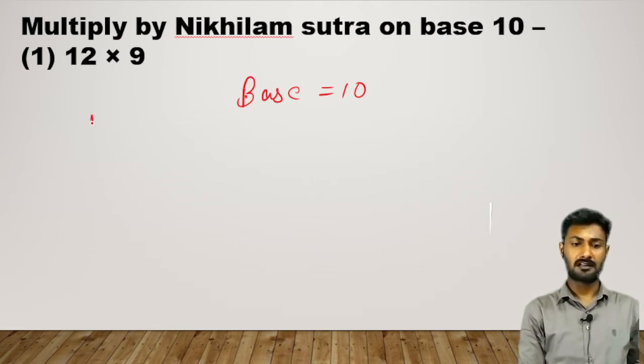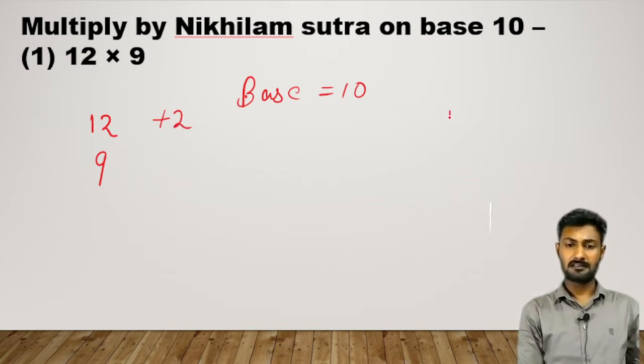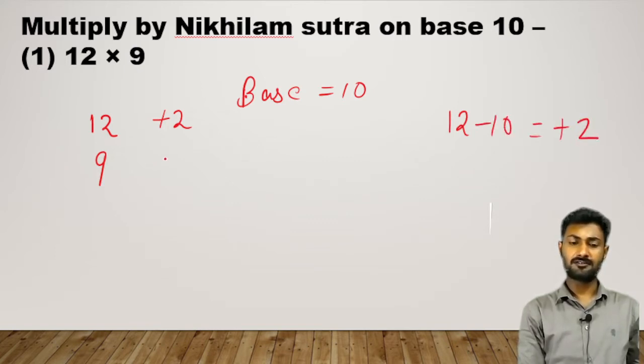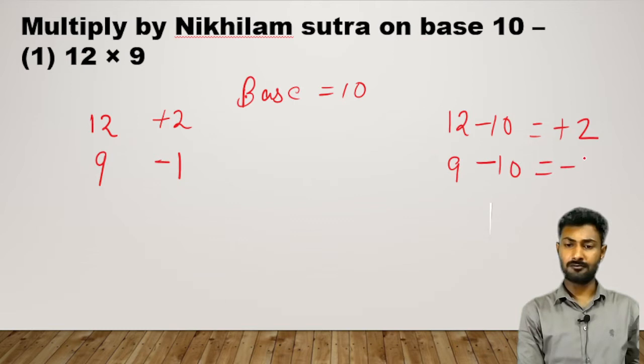Now write first number and second number. Deviation of 12 is plus 2. How do we find it? I have already taught you that number minus base is deviation, and deviation of 9 is minus 1. How? 9 minus 10 equals minus 1.